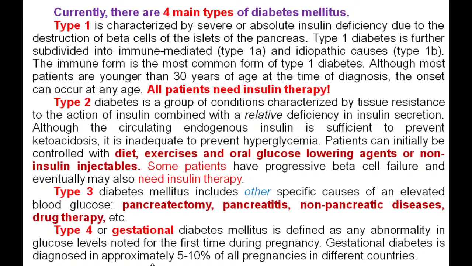The immune form is the most common form of type 1 diabetes. Although most patients are younger than 30 years of age at the time of diagnosis, the onset can occur at any age. All patients with type 1 diabetes mellitus need insulin therapy.